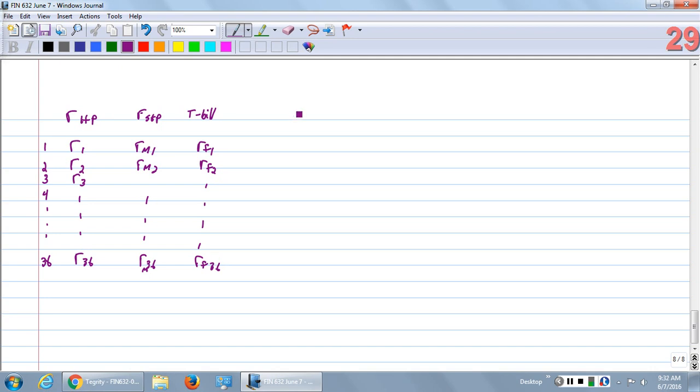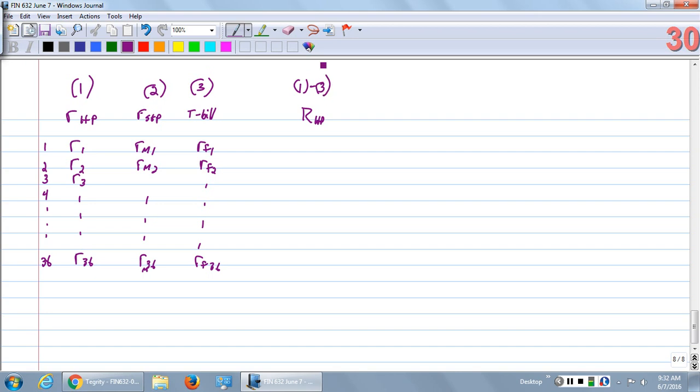Now what I'm going to do is create another column over here. This will be my excess returns for Hewlett-Packard. If this is column 1 and that's column 2 and this is column 3, then my excess returns are going to be column 1 minus column 3.